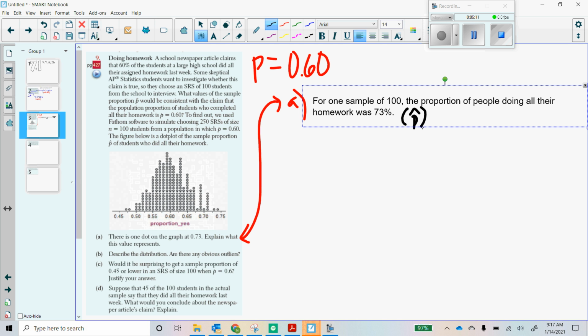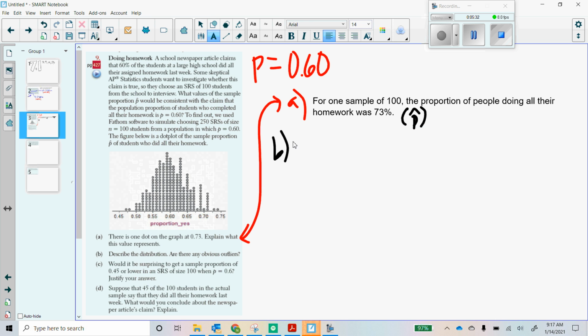If I describe this distribution, remember describing a distribution goes way back to chapter 1, where we're basically dealing with shape, center, and spread. So I'm going to go ahead and type it out. For context, I would need to say what this distribution is.